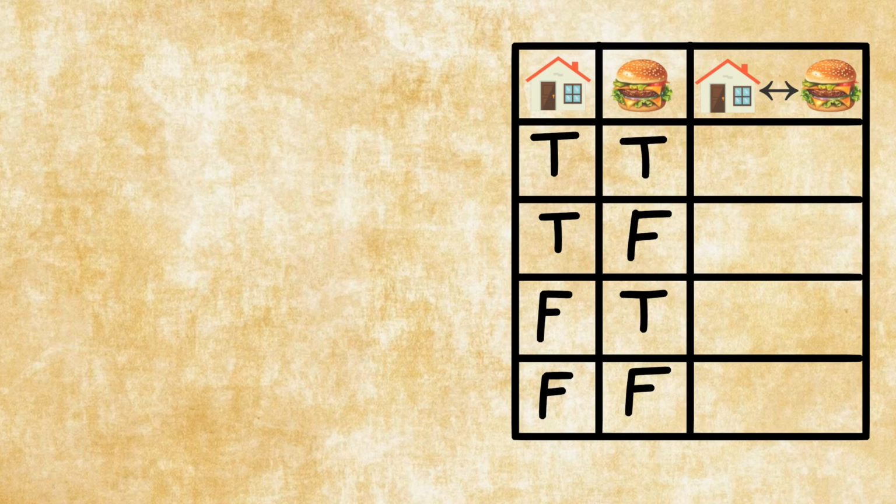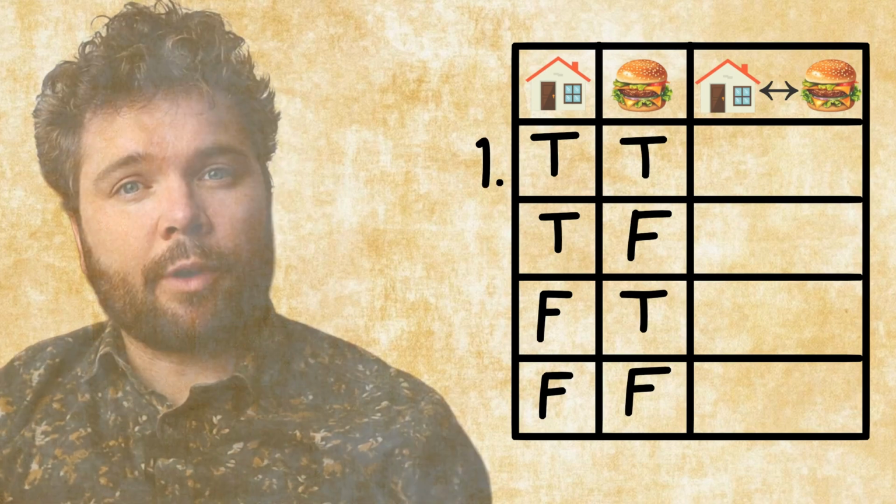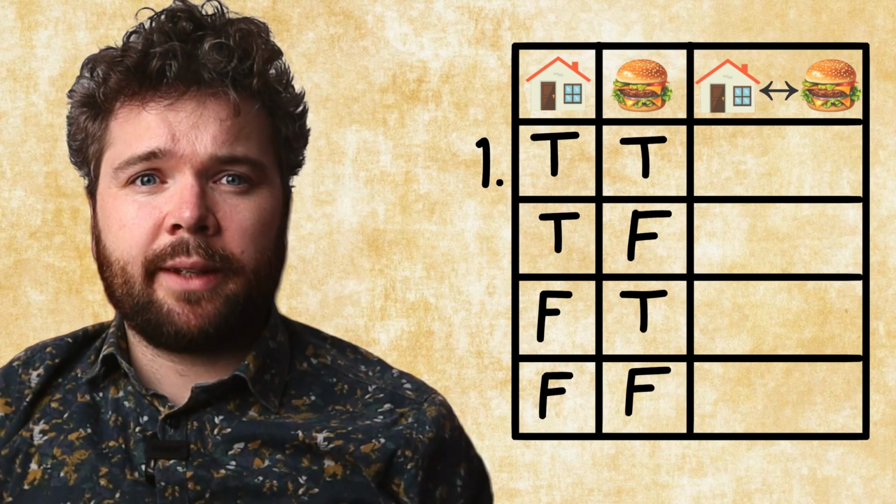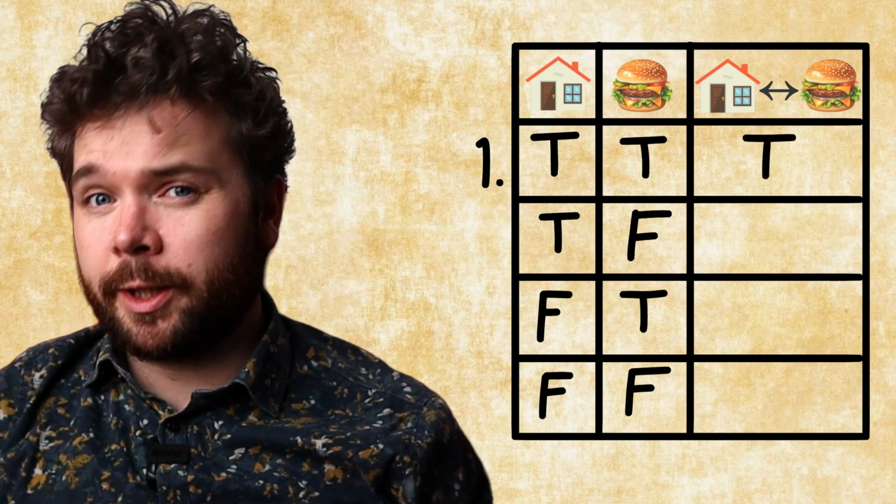Let's stick to the last example, but this time around my friend says, if and only if you come over to my place, I will give you a hamburger. Same thing here. We have 4 possible different scenarios. In the first example, both are true. And that would make the whole sentence true as well, right?